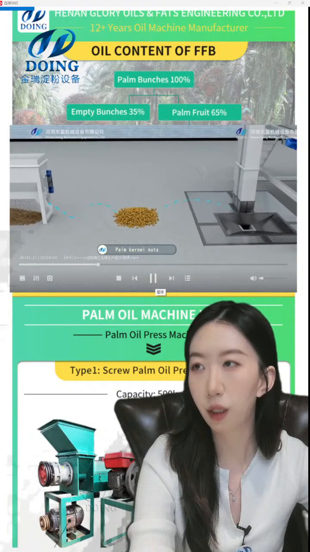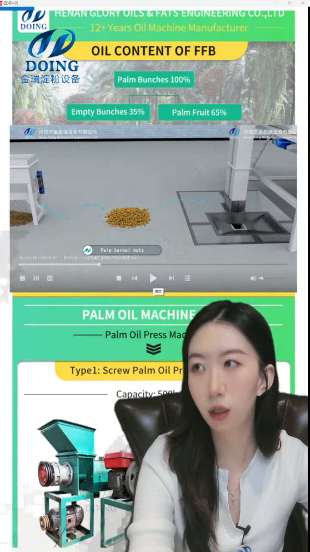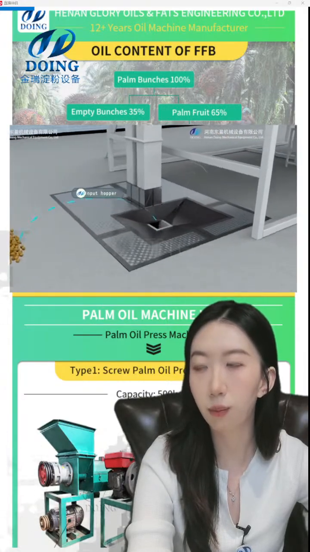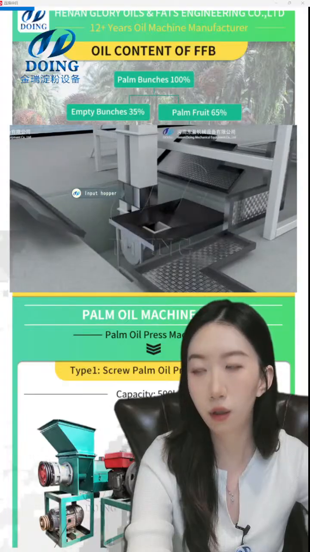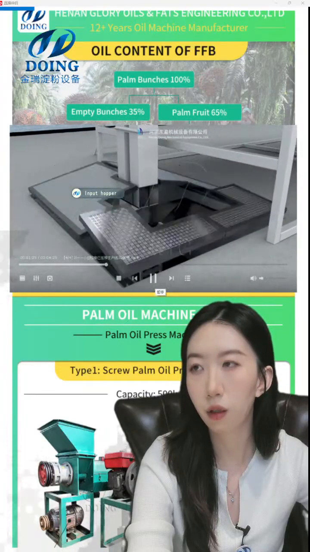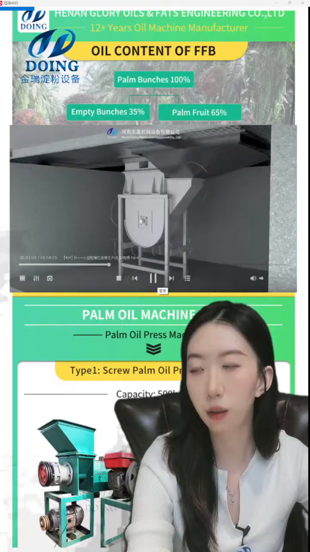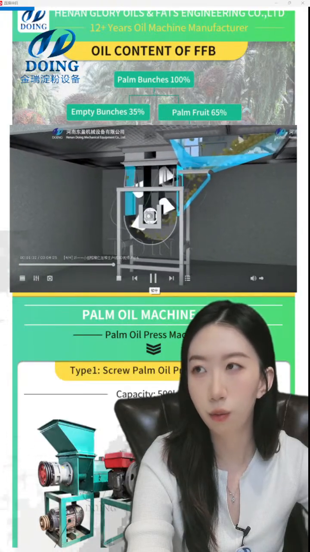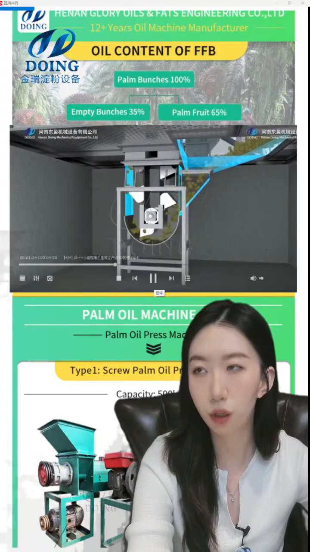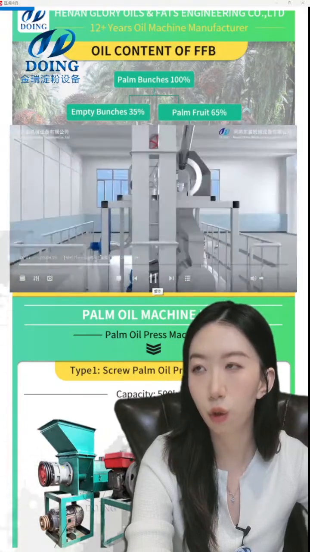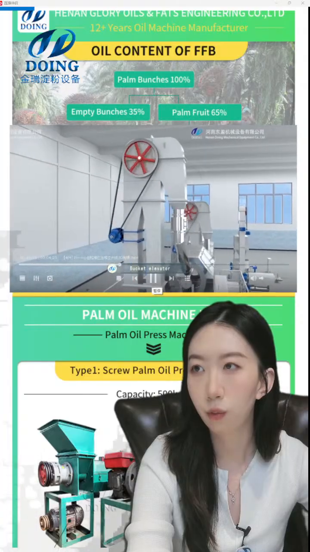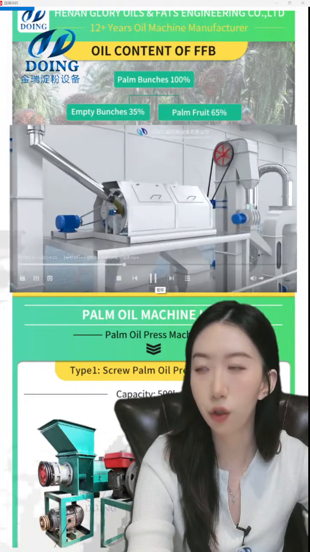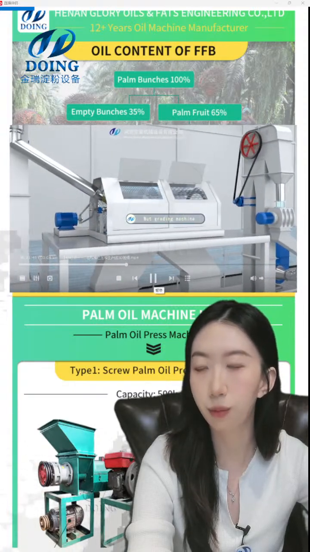And after splitting, we can get pure palm kernel nuts, and then the palm kernel nuts are put in the hopper. The palm kernel nuts will be transported to the kernel and shell splitter system.